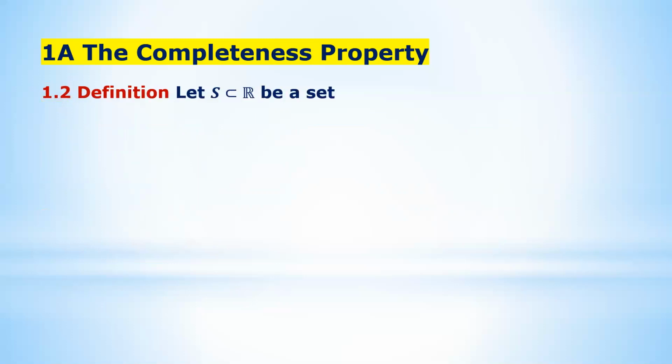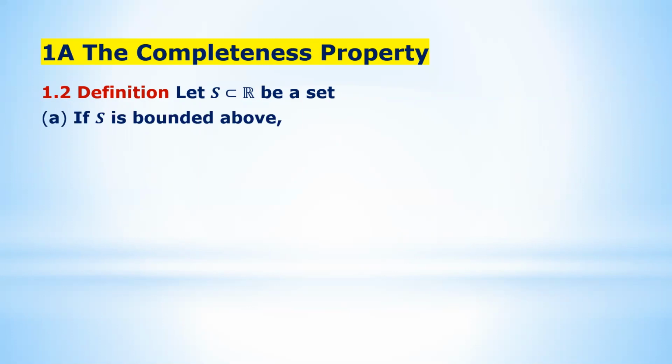Now we'll come to definition 1.2. Continuing, I'm going to introduce more names. Mathematically they are very simple. Again, I consider S to be a set in R. Now if S is bounded above, this means that the set has an upper bound.